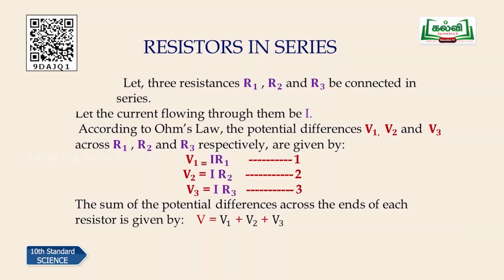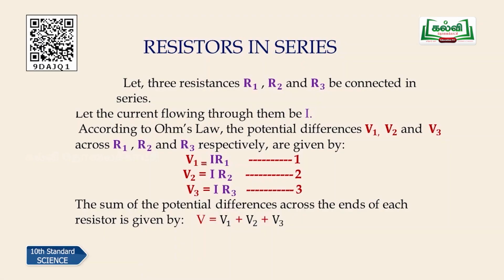According to Ohm's law, we can take the potential differences V1, V2 and V3 across R1, R2 and R3. Now we can substitute Ohm's law: V1 is equal to IR1, V2 is equal to IR2 and V3 is equal to IR3.